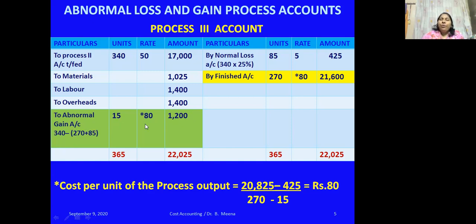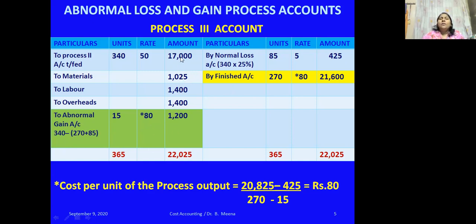So if you come to know you are getting an abnormal gain, it means you have to do the rough totaling of the debit side to calculate the cost per unit for both the abnormal gain as well as the output.